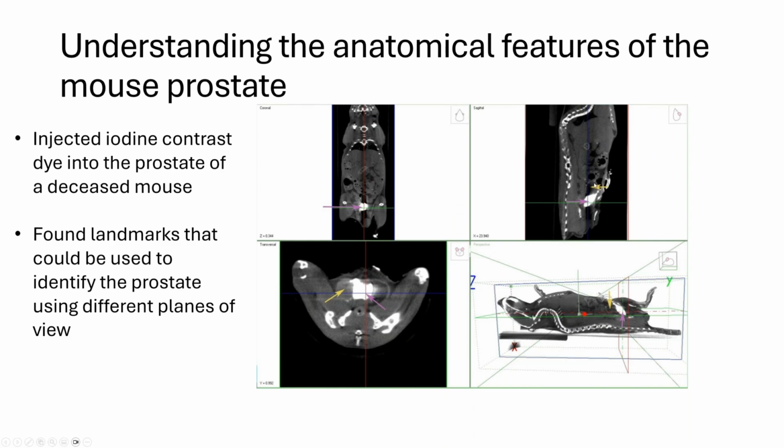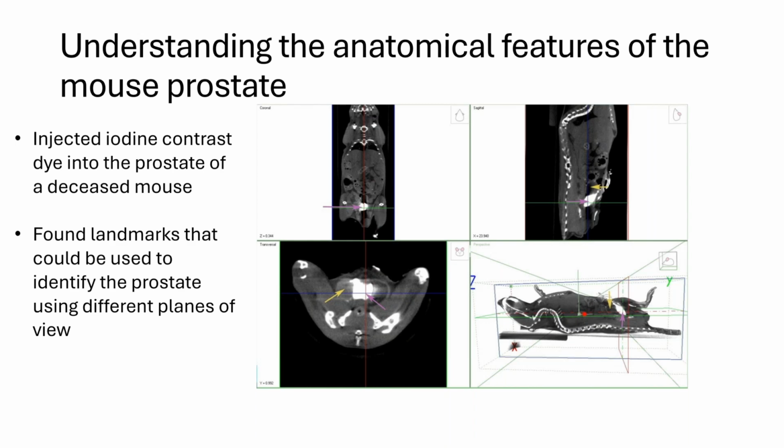The yellow arrow is at the bladder. And so you can just appreciate where these anatomical features are. This circle here is the anus. And then we have some leg bones that we can use as markers, as well as the spine. And so we use this so that we could routinely identify where the prostate is, because the prostate is not a really good organ to be seen using CT.